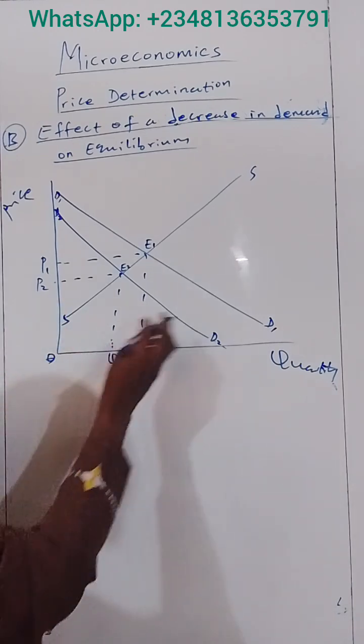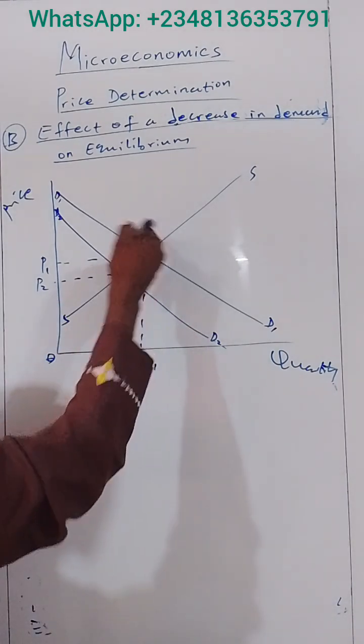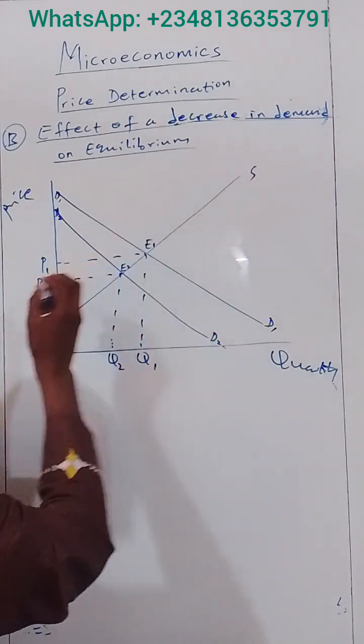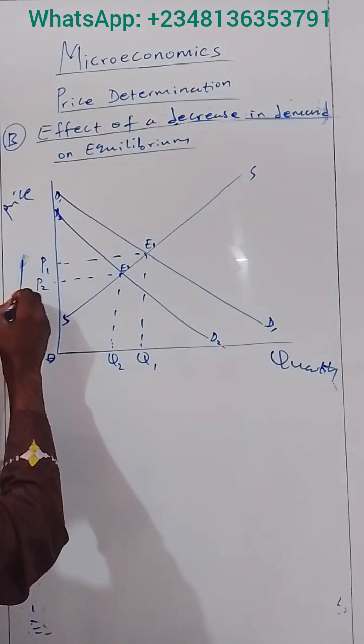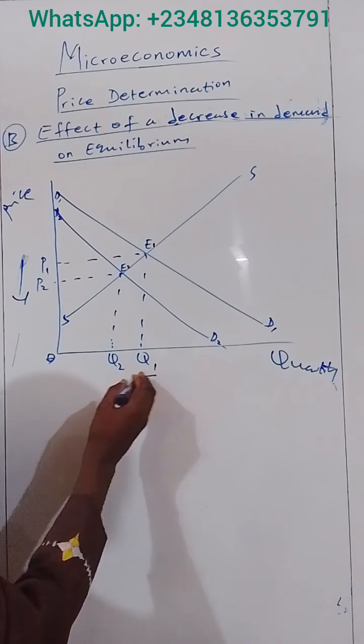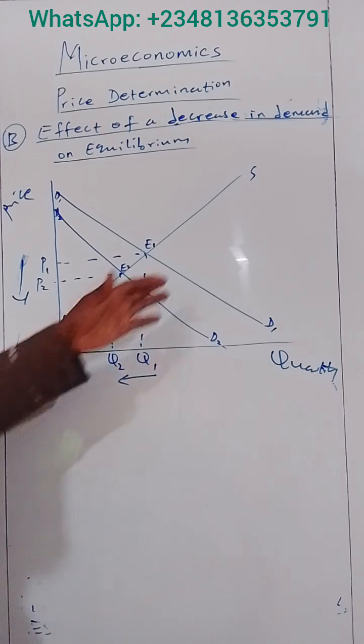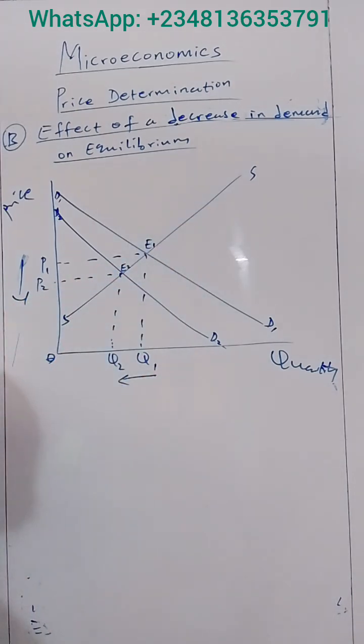Now we can see this is the original equilibrium, but this is the new equilibrium. You can see that because of a decrease in demand, the price has reduced from P1 to P2, and the quantity has also reduced from Q1 to Q2. So in other words, when there's a decrease in demand while the supply remains unchanged, that is going to create excess supply in the market.